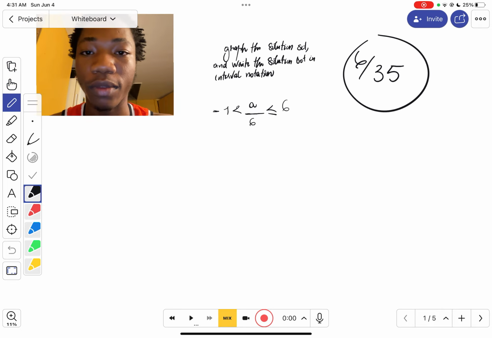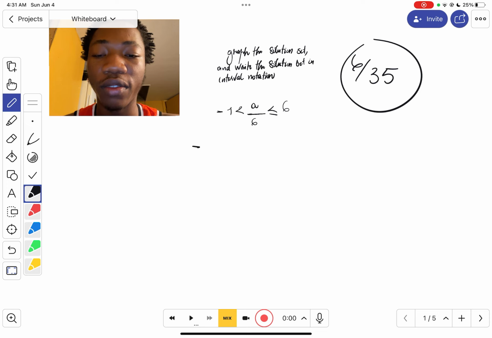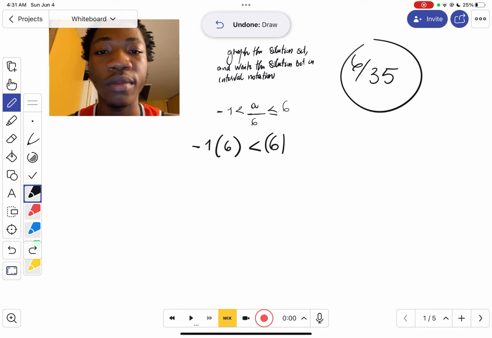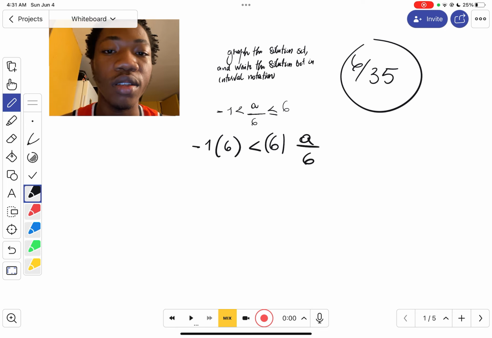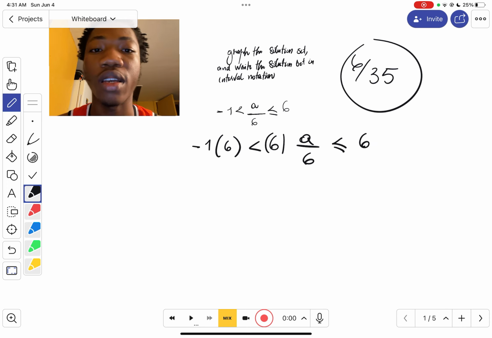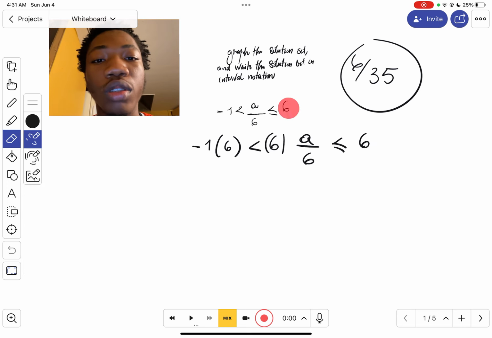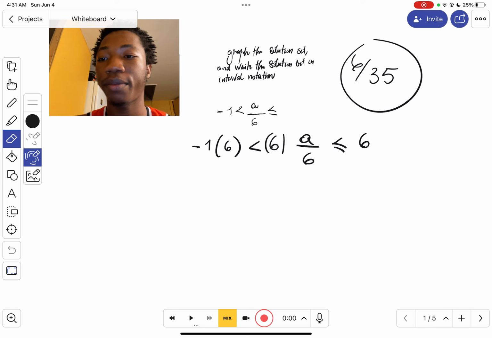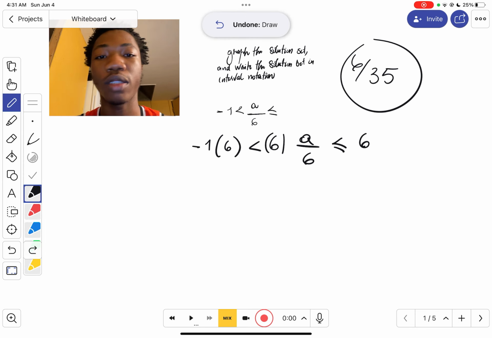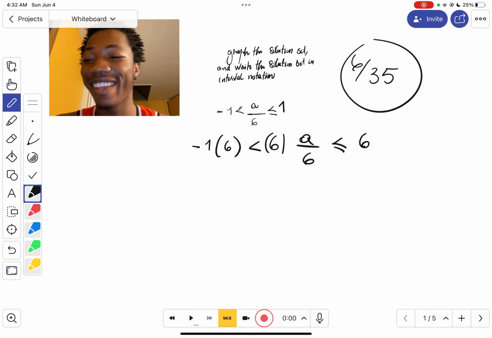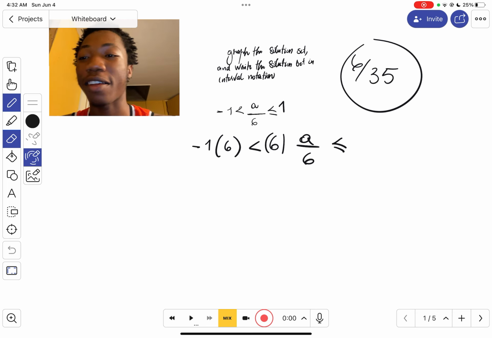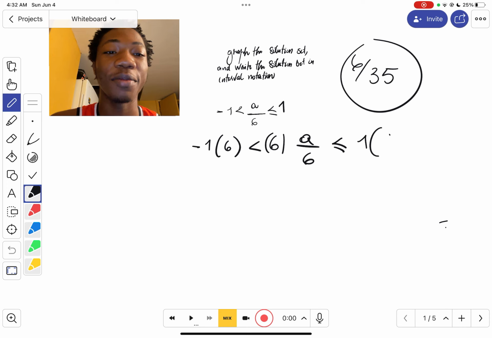So it's going to be -1 times 6, keep the sign, and 1 times 6.